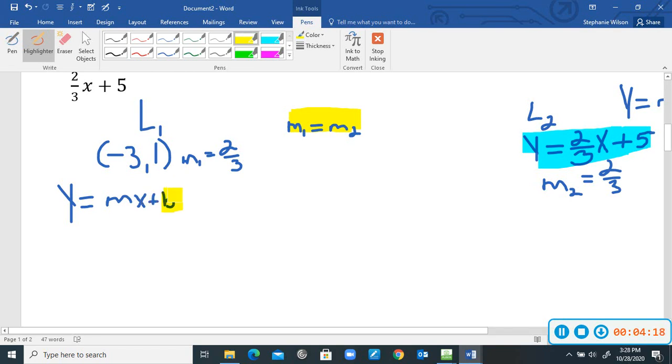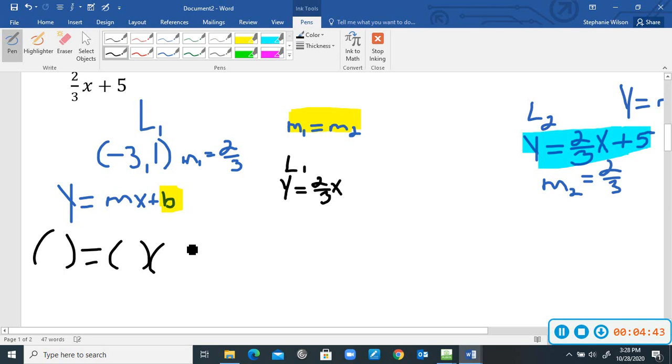All I need is my b, and then I can say my line 1 is going to be y is equal to 2/3 x, and then I just have to find b in order to finish this line out. So let's put parentheses where needed, plus b.